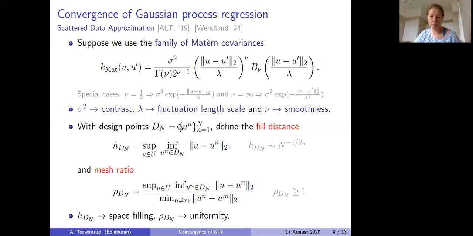With these points un, which are our design points or interpolation points, the points at which we have observed our function f and have the function values, you can then define this fill distance. The fill distance is the measure of how space filling your points are.